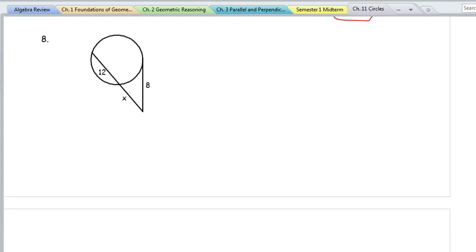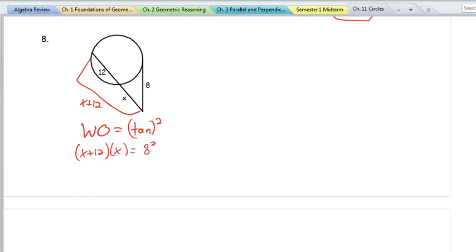And the last one. Turned a little bit, doesn't matter. We still have WO equals tangent squared. So the whole, again, you guys are pretty good at labeling things like this, is x plus 12. So you have x plus 12 times outside equals 8 squared.